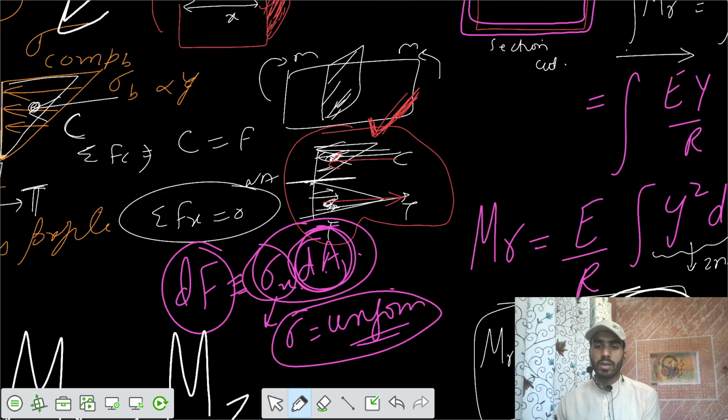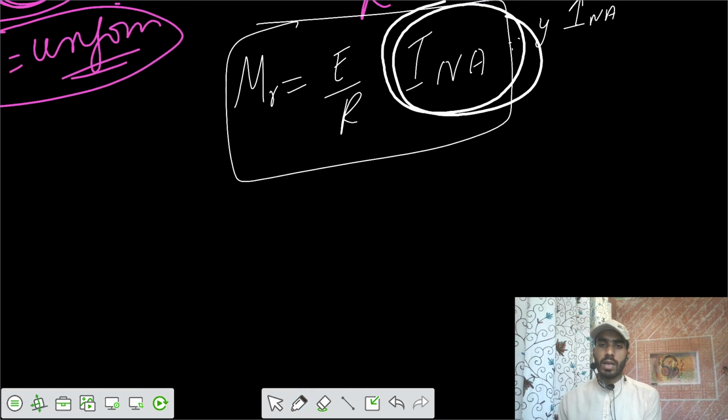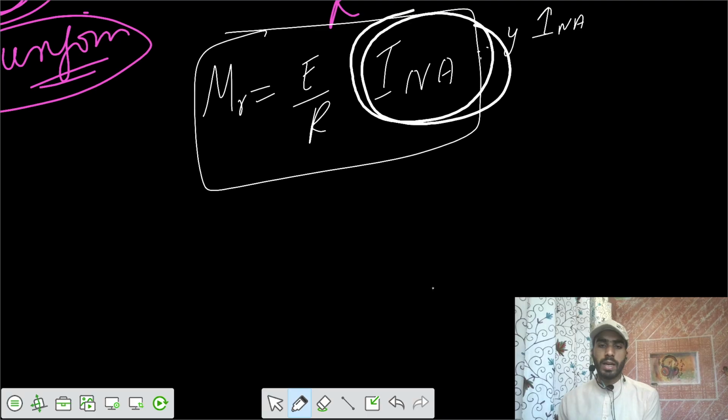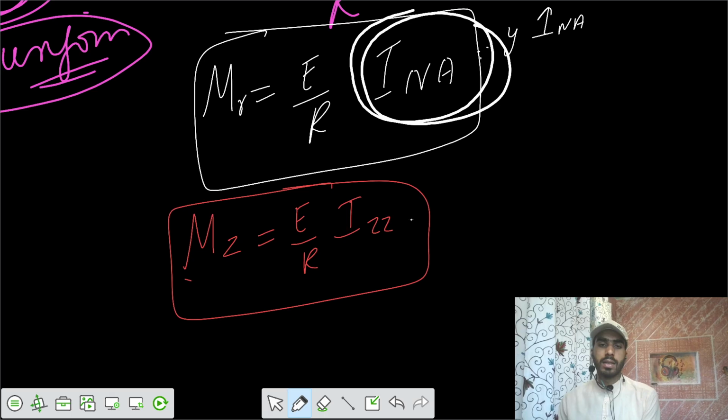You can simplify it this way: moment Mz equals E by R and IZZ. So the bending moment developed at any section, the moment you applied at any section, equals E by R IZZ.